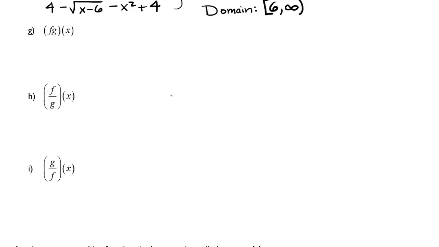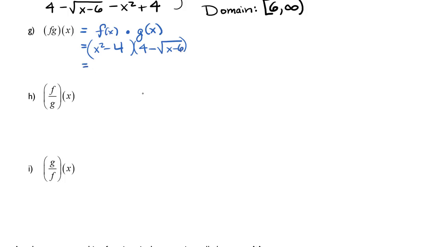In part G, we need to find the product of f and g of x, not to be confused with f of g of x, and we will rewrite these as two binomials multiplied together.